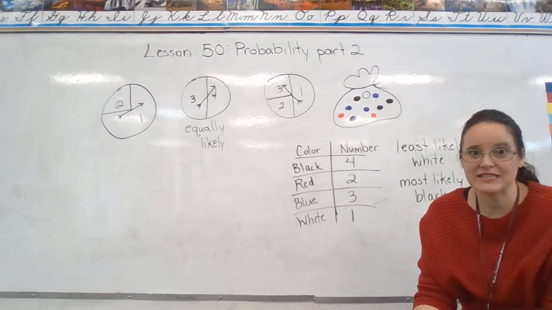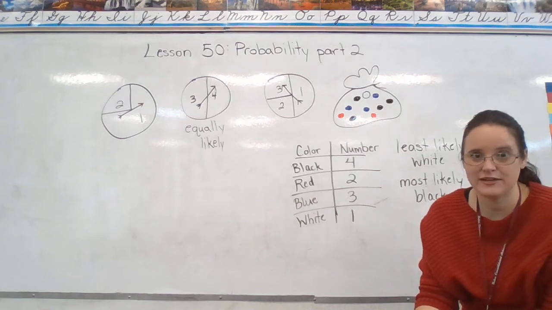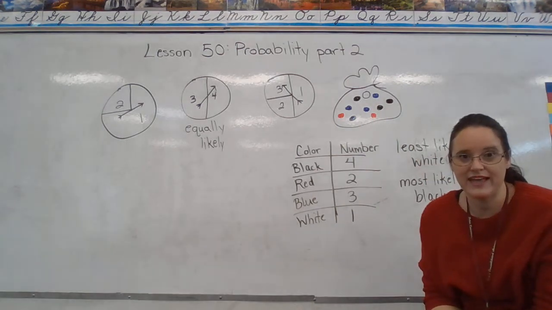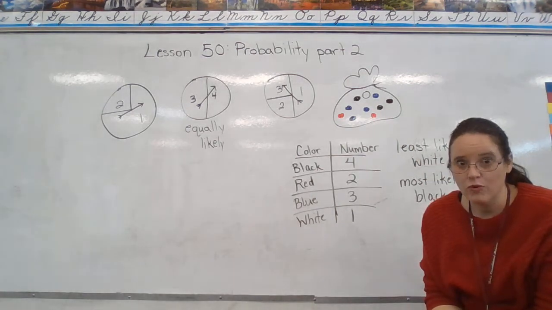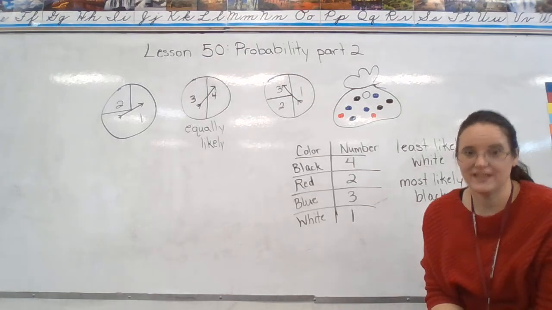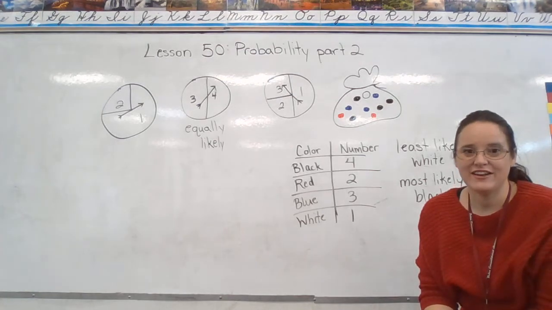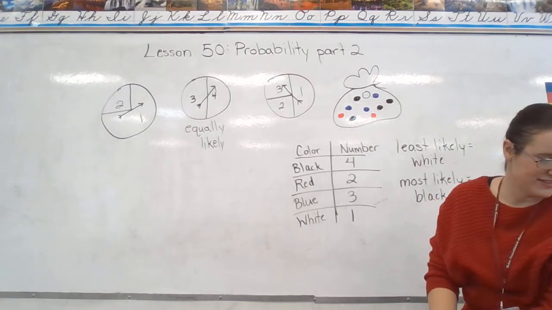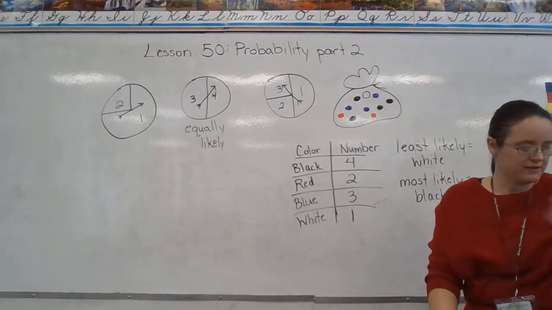Just because it's most likely doesn't guarantee it will happen. The only way to guarantee that we're going to pull a black marble out of this bag is to fill the bag with only black marbles. And you guys saw that a little bit in our last lesson on probability where I was pulling the cubes out of the tub, I think.